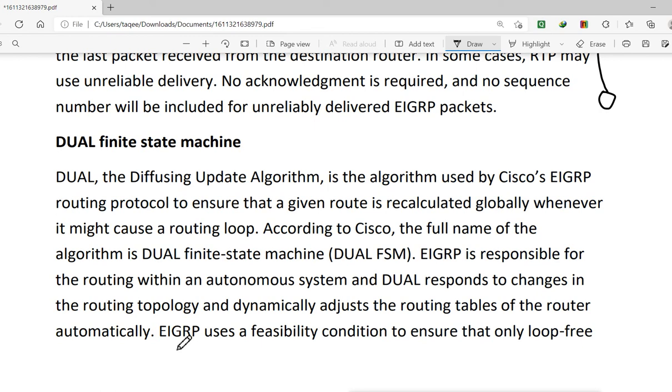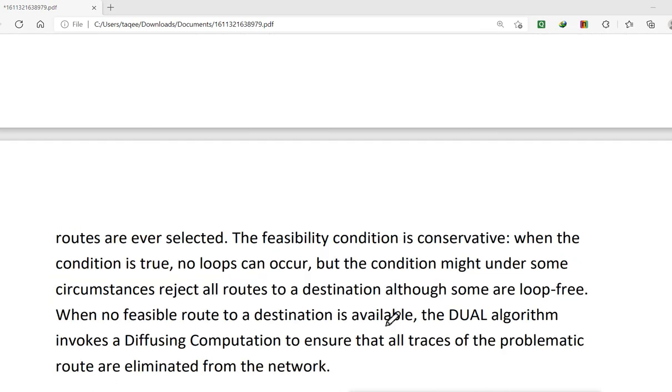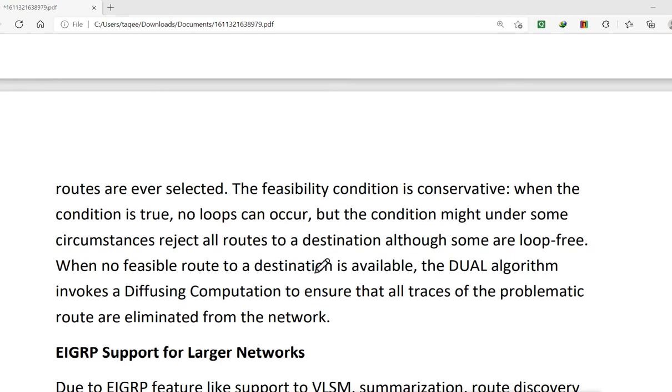And EIGRP uses a feasibility condition to ensure that only loop-free routes are ever selected. The feasibility condition is conservative: when the condition is true, no loops can occur. But the condition might, under some circumstances, reject all routes to a destination, although some are loop-free.